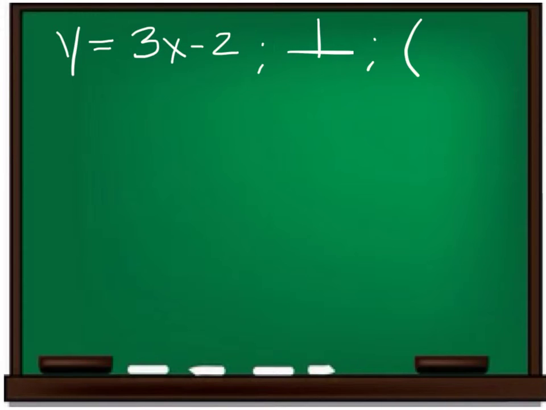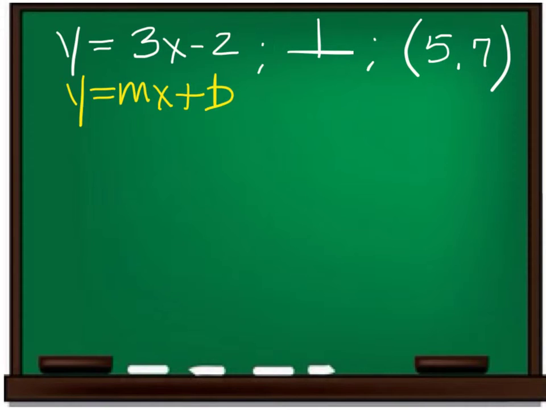Example 3. Y equals 3x minus 2. We're looking for a line that is perpendicular and must pass through the point 5, 7. You start with y equals mx plus b, and since it is perpendicular, you must use the negative reciprocal of 3, which means you flip it and then change the sign.